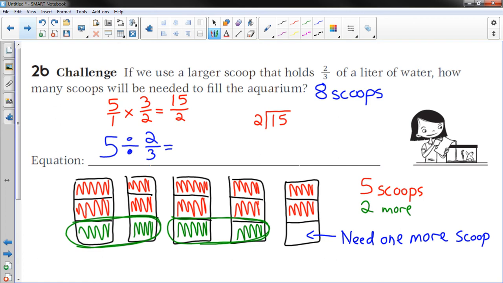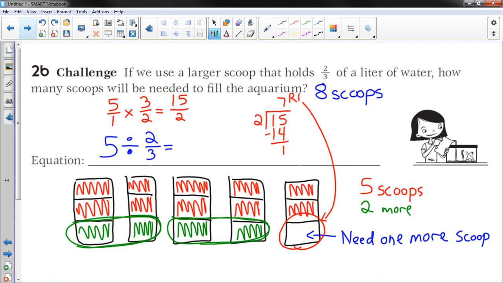Well, 2 times 7 is 14. 15 minus 14 is 1. So I have 7, remainder 1. Well, that remainder 1 must have something to do with that missing piece that's down here. Right?